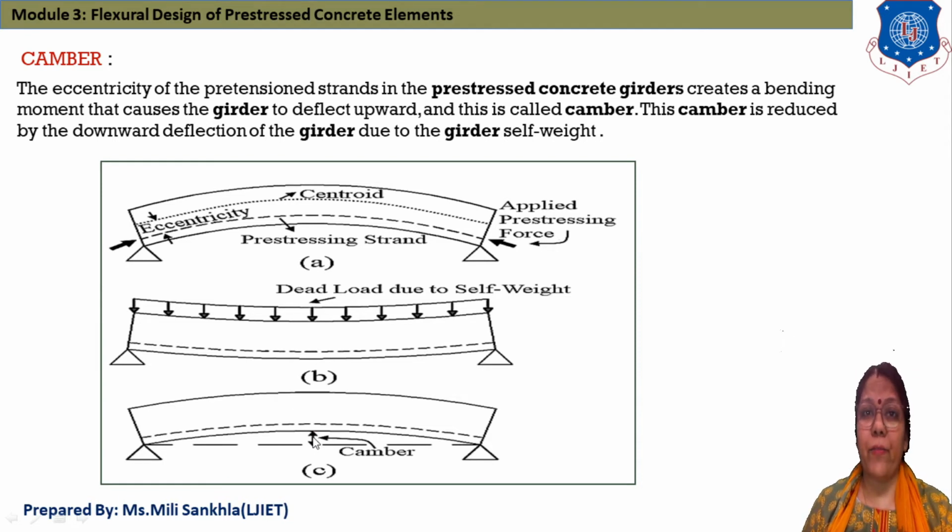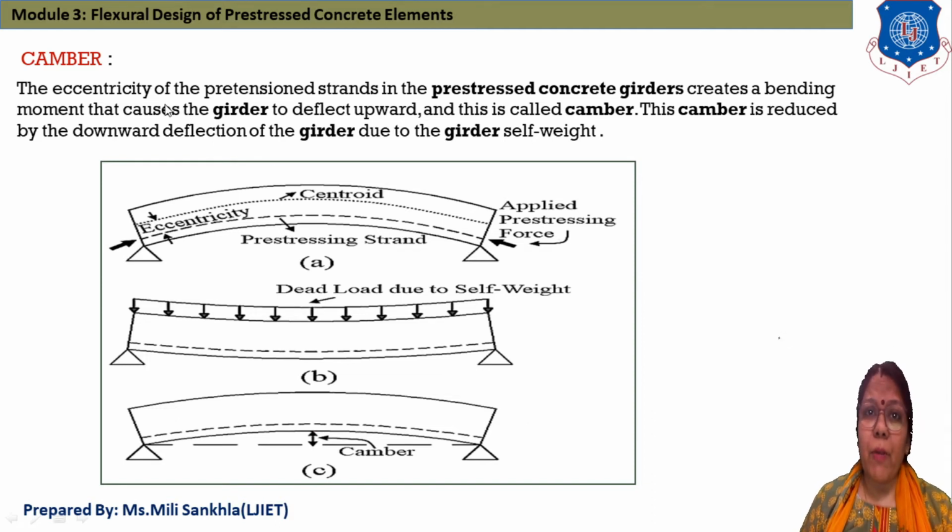Now the technical definition: eccentricity of the pretension strand in a pre-stress concrete girder creates a bending moment. This pre-stressing strand creates bending moment in the pre-stressing girder, or the second name of girder is beam.